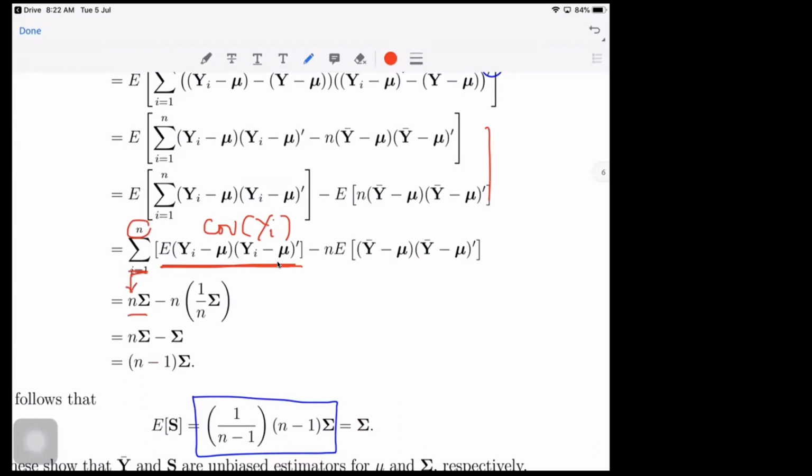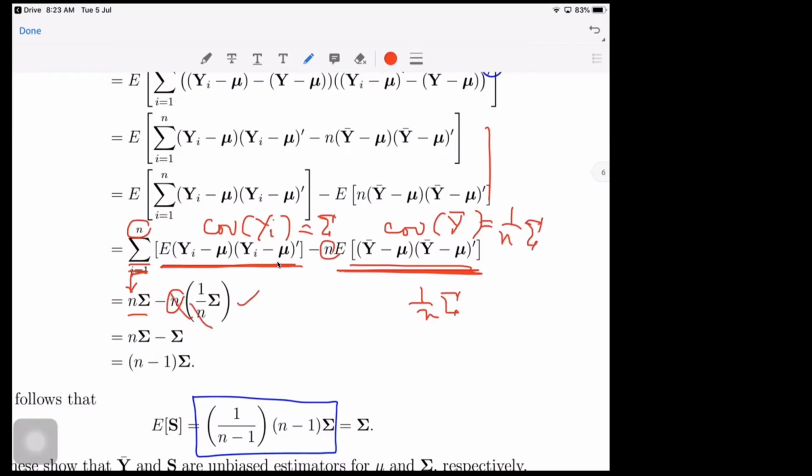And if you scrutinize this expectation, this is actually the covariance matrix of y bar. And you know that the covariance matrix for y bar is 1 over n times sigma. So n there will be for the summation sign, where the covariance of yi is just a constant over the summation sign. You have an n here, and then the covariance of y bar is 1 over n sigma. So by substitution, you have that.